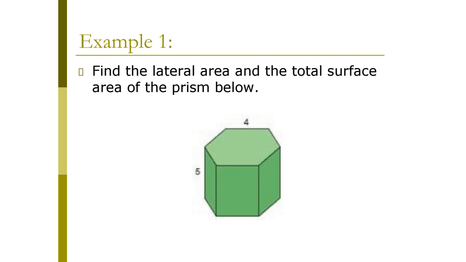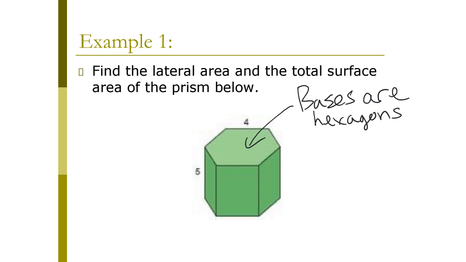All righty, starting off with a bang, we've got ourselves a hexagonal prism. How do I know it's a hexagonal prism? Well, my bases, remember there's one we cannot see, are hexagons. And they are parallel to each other, right? They'll never touch. So that's how I know it's a hexagonal prism.